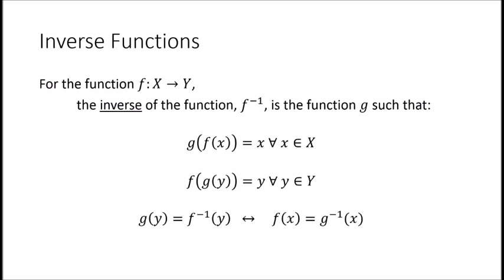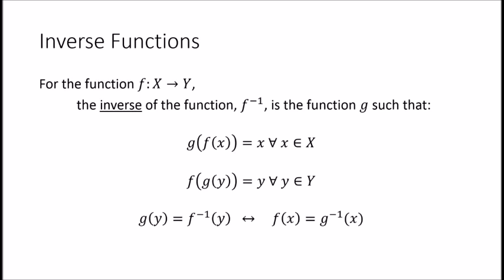The final functions concept for today is the concept of an inverse function. So we talk about the inverse as a function that will undo the action of the first function. So if you take a value x and you run it through function f of x, and then you run the result through function g of f of x, that will produce your original input, the value x, for every element x on the domain of function f of x.